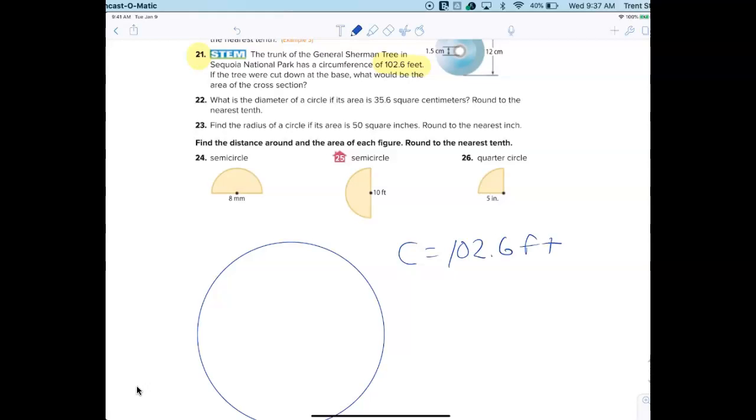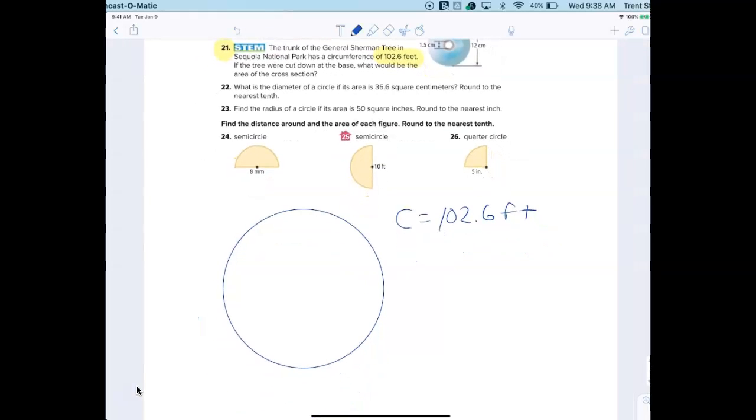Distance around the circle. That's exactly correct. Believe it or not, it is possible now to find the area. But in order to find the area, I have to figure out the radius first.